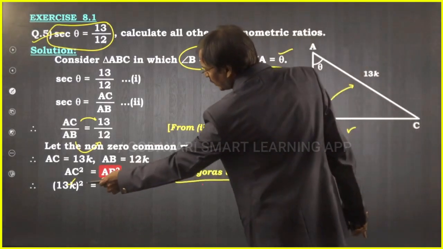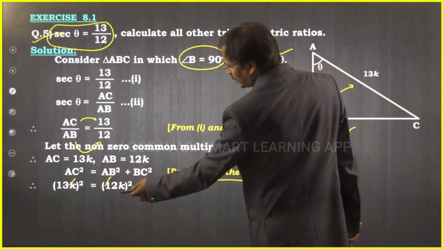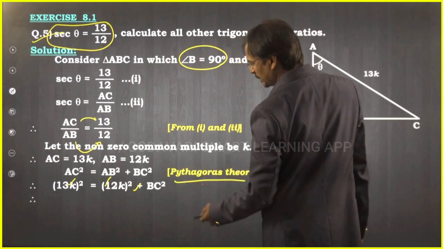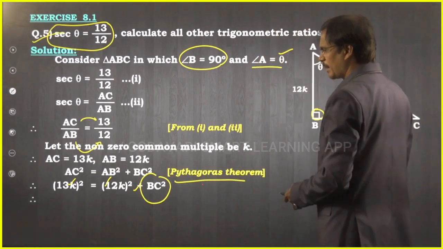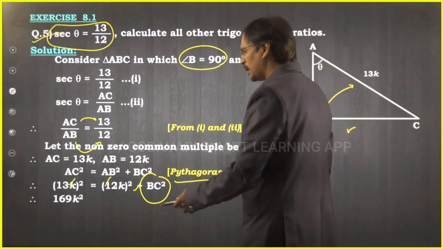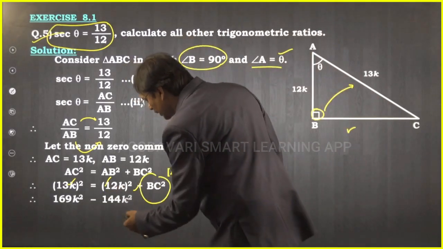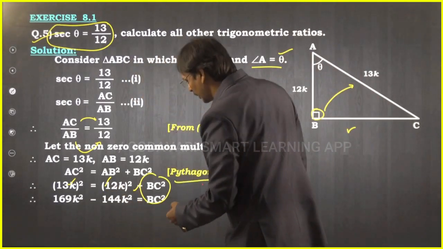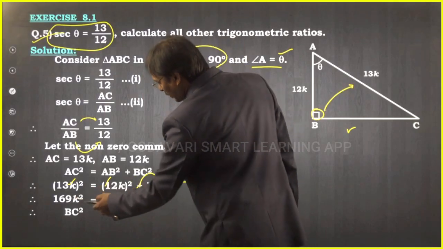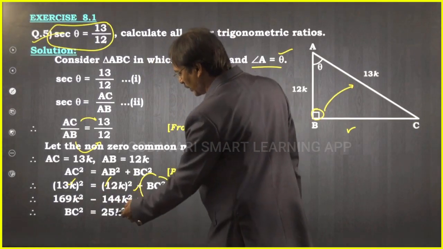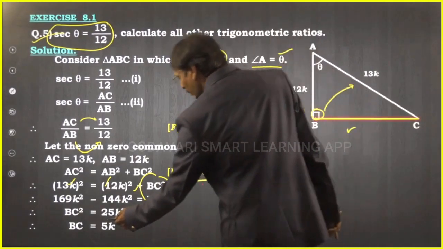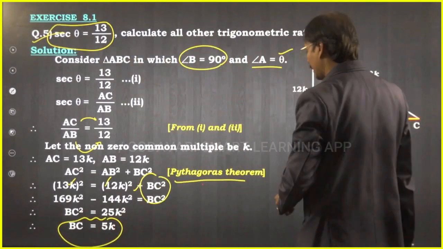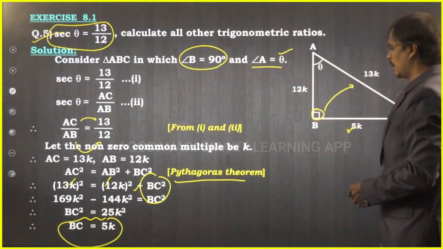AC square is equal to 13k whole square, AB square is 12k whole square, plus BC square we have to find. So 169k square minus 144k square is equal to BC square. 169 minus 144 is equal to 25k square, that is BC square. The BC is 5k.